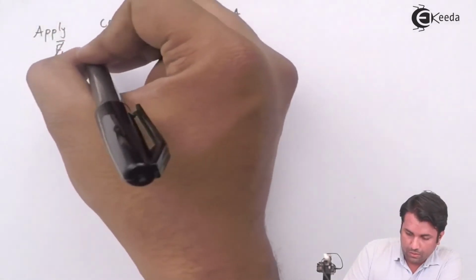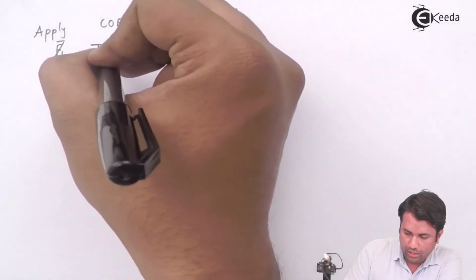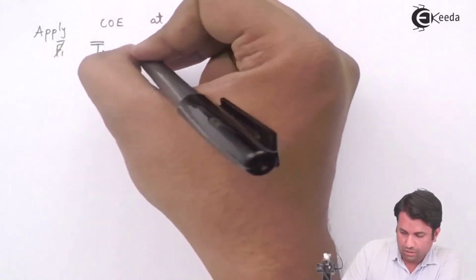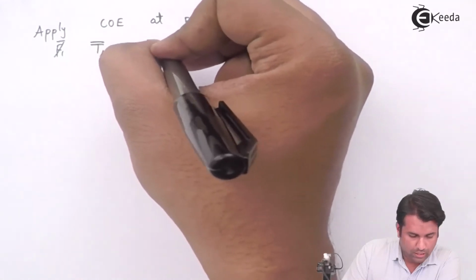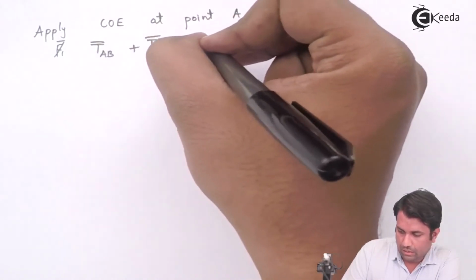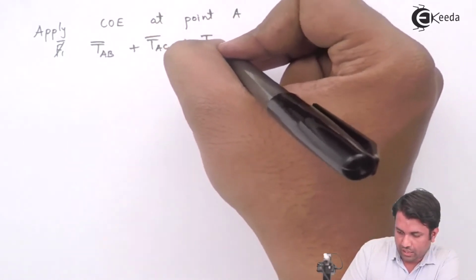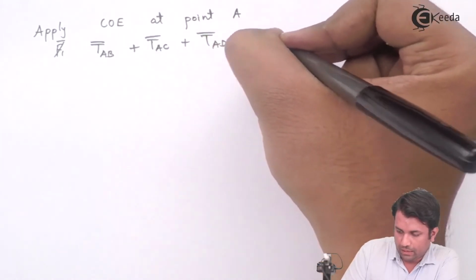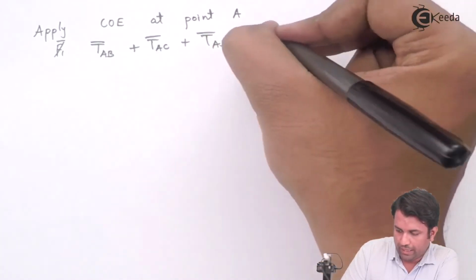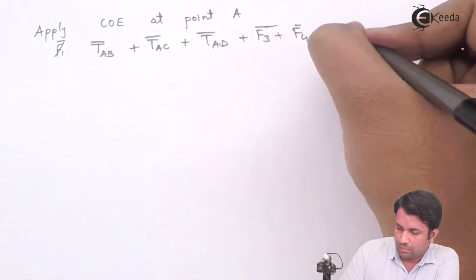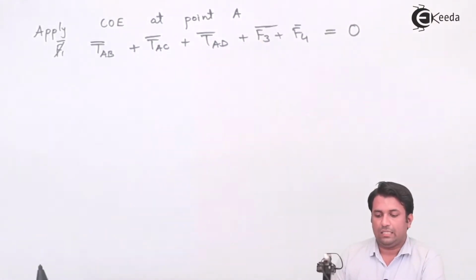So I'll just write it out. Tension along AB vector plus tension along AC vector plus tension vector along AD plus the two force vectors summation should come out as 0.